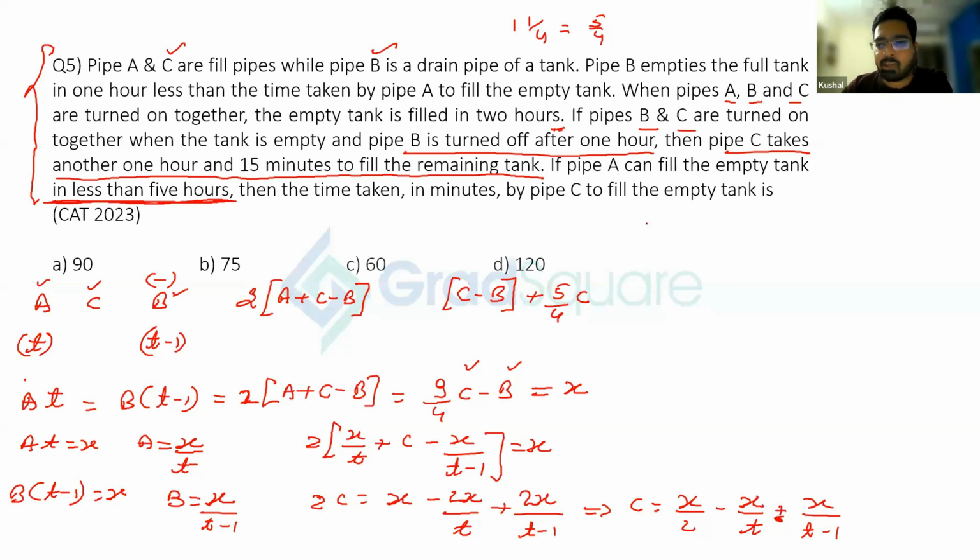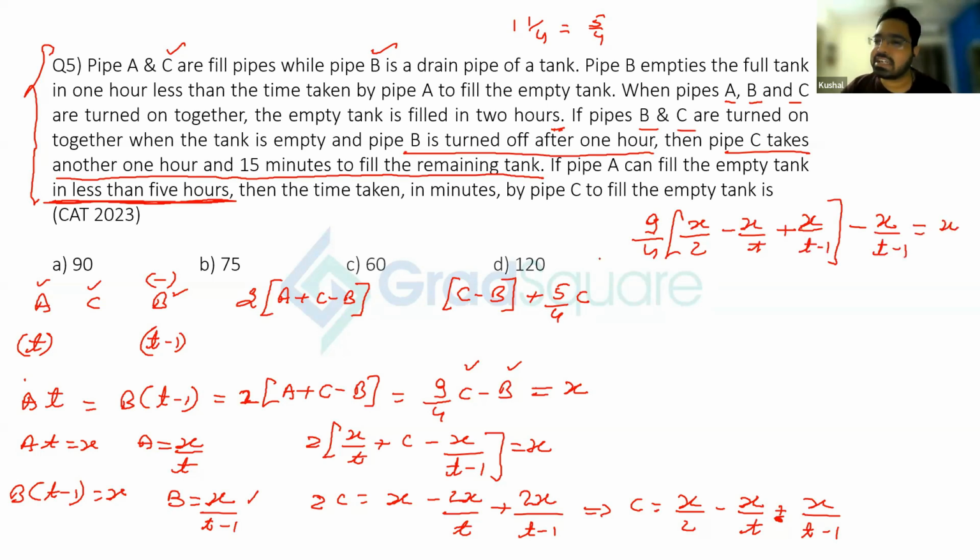So 9 by 4 times C is what you are looking at. So C was what? x by 2 minus x by t plus x by (t minus 1). This is the value that you are getting for C. What was B? B over here was x by (t minus 1). This value must be equal to x.